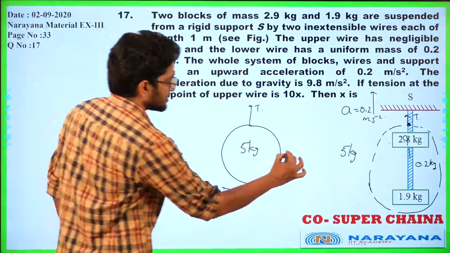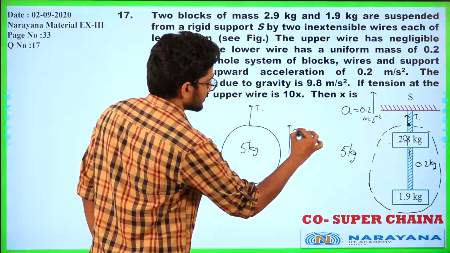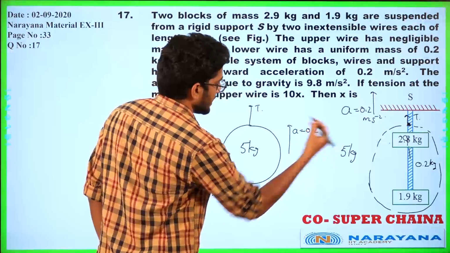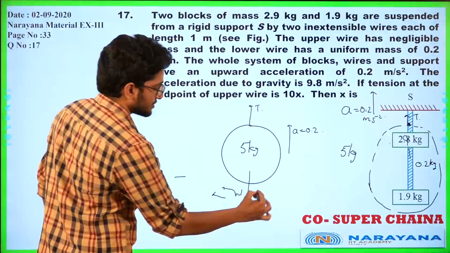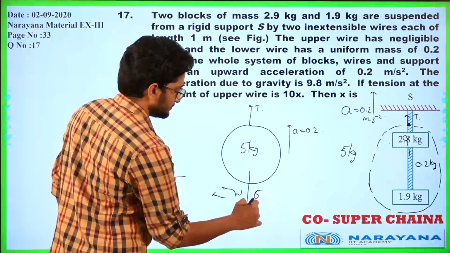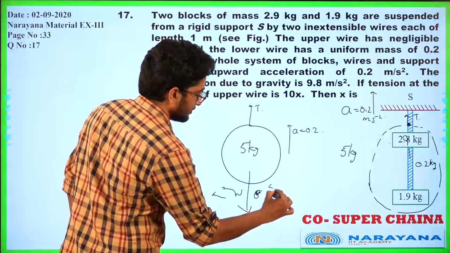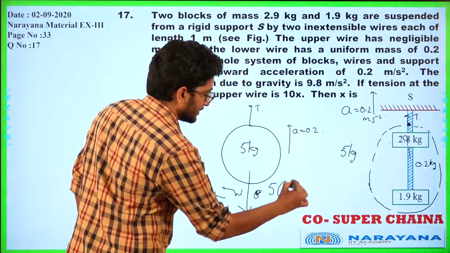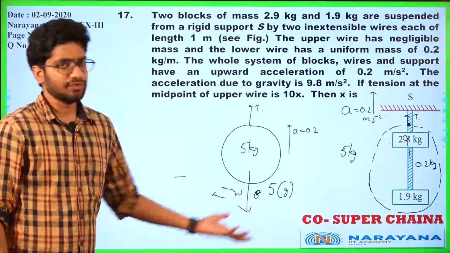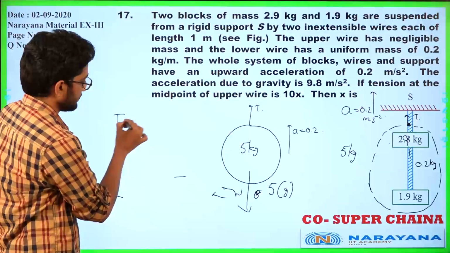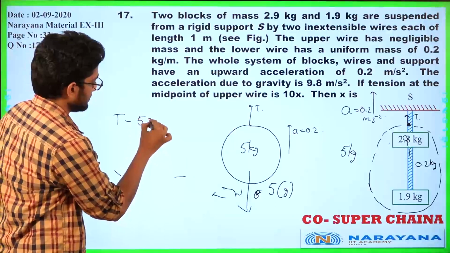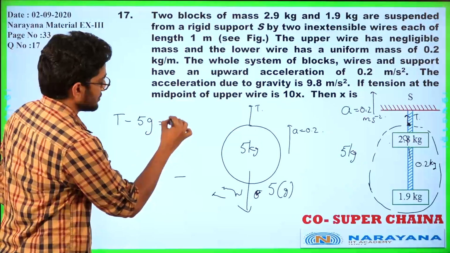This system has an acceleration of 0.2 upwards and its weight is also acting downwards. Weight is 5 into g, mg, acting downwards. So write a force equation. Net force in the direction of acceleration is T minus mg, that equals m into 0.2.